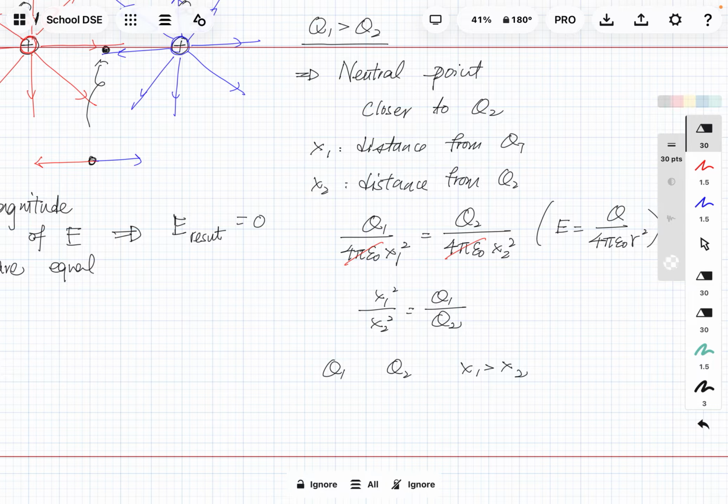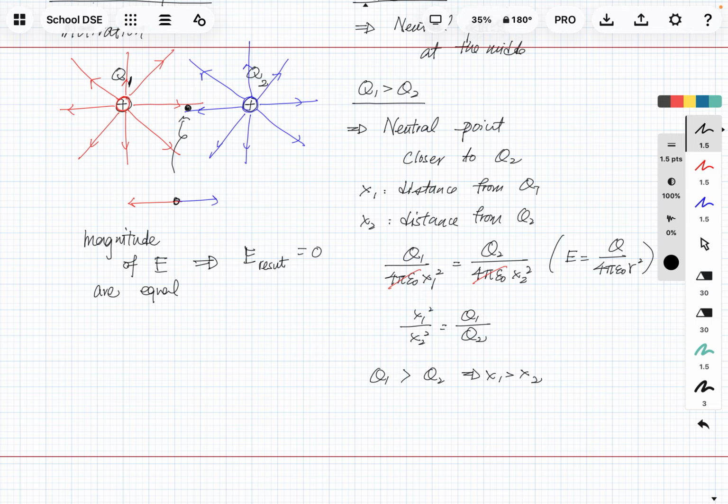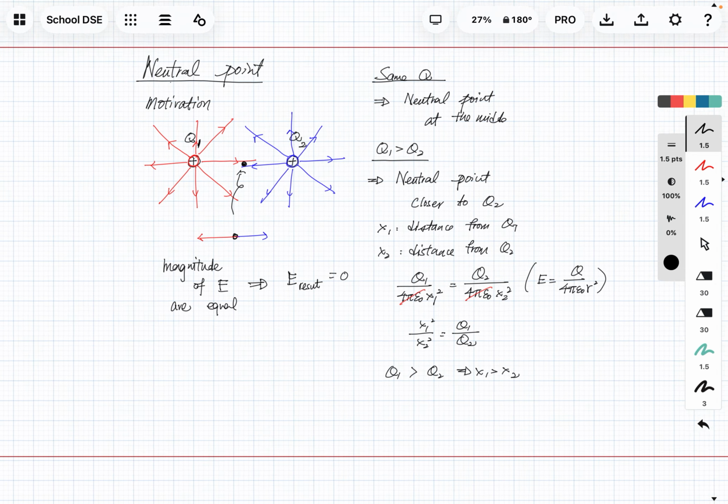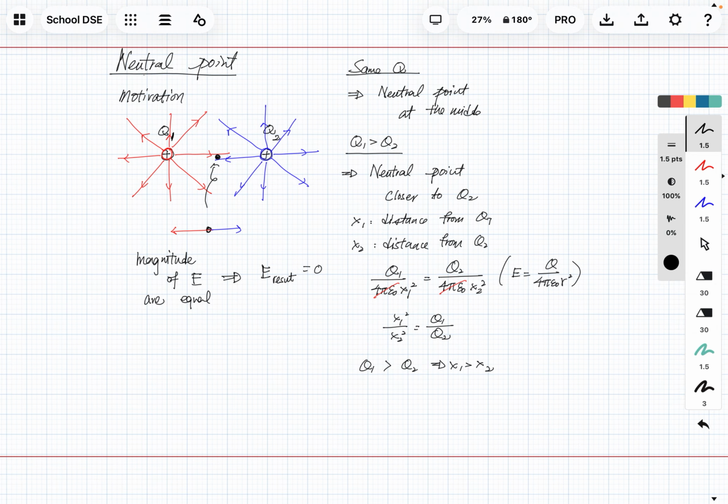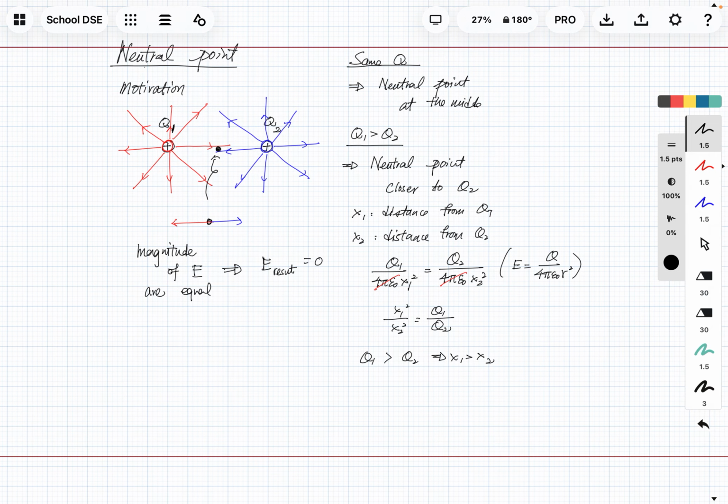Well, if you want to verify, then of course just use Gm over x1 squared equals Gm over x2 squared, and this is the lowercase m. Doing some algebra, you will see that x1 squared over x2 squared equals M over m.